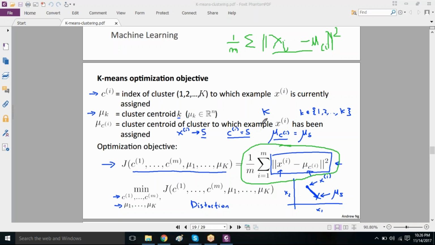Our aim is to put the center at those places where this distance gets very minimum. We have to basically minimize this objective function. So we have to place our centroids, keep on updating them, such that this objective function is minimized.